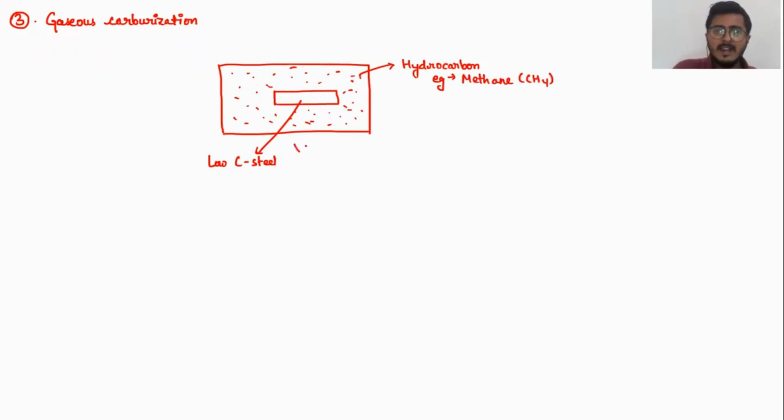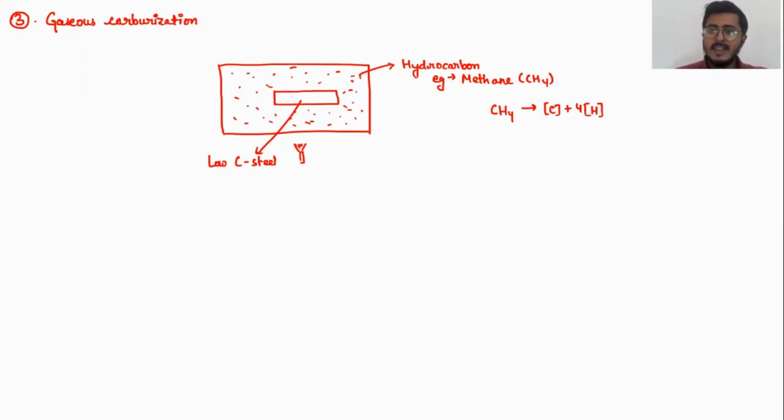Now, if I heat the system, what will happen? Since methane can be broken down into carbon and hydrogen, CH4 can be easily broken down into nascent carbon and hydrogen. Since they are in the gaseous form, they are free to move throughout the container or whatever the carburizing medium is kept inside.